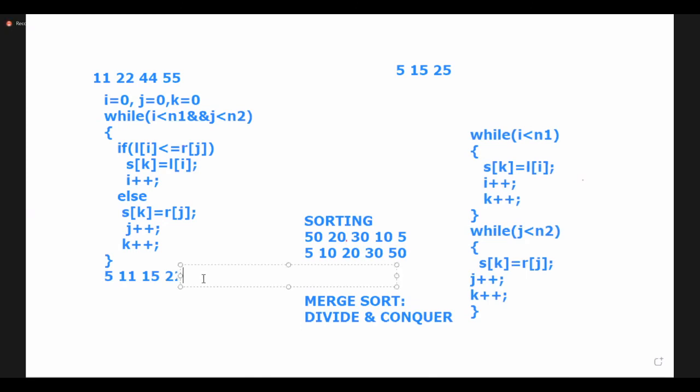Next, I plus plus, the I value increased by 1. Now L of I is equal to 55. K plus plus, one more position. So 55 will again move to the sorted array. Now the sorted array is 5, 11, 15, 22, 25, 44 and 55. This is the process of merge sort.